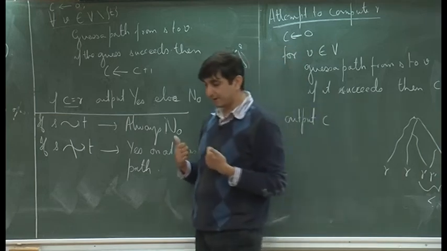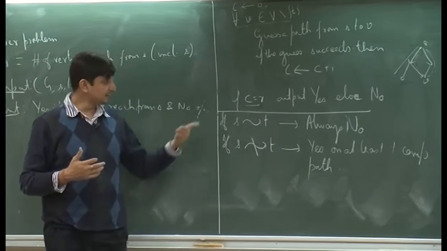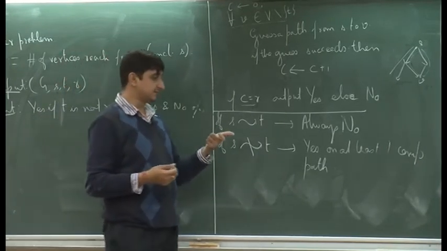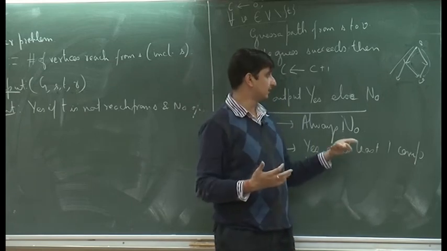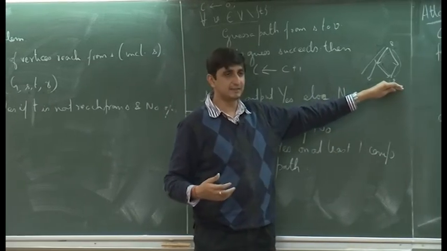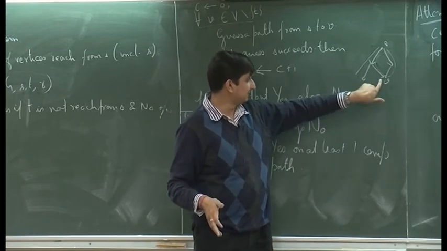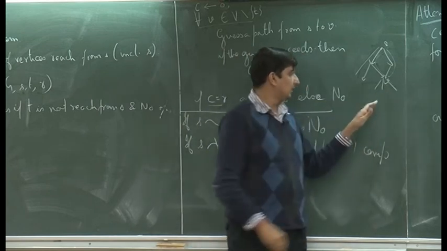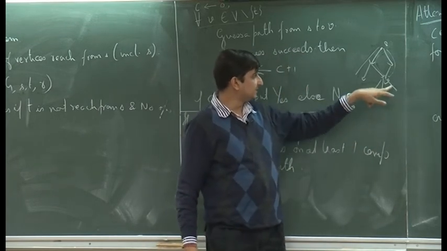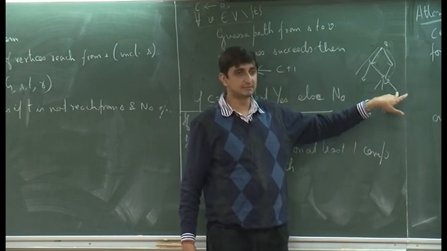So, the way I will define my non-deterministic machine is as follows. What is a non-deterministic machine? It means that the transition function can go to multiple configurations. So, I will define my transition function as follows: if I am at a vertex V and it has many outgoing edges, the machine will simultaneously go to all these vertices.